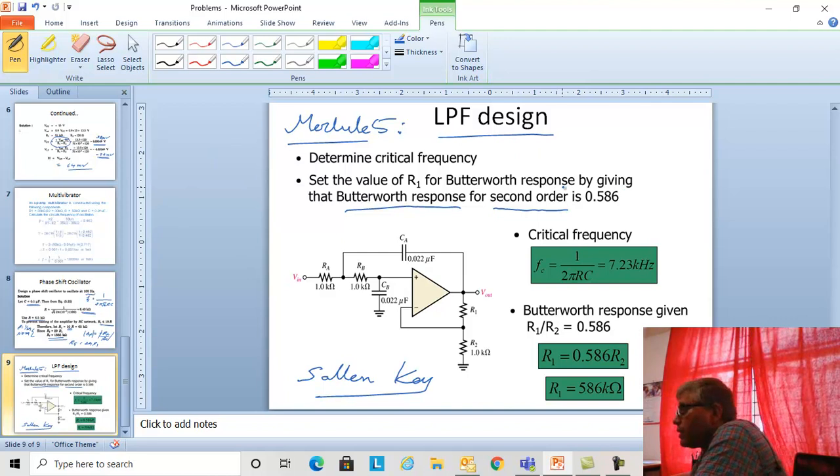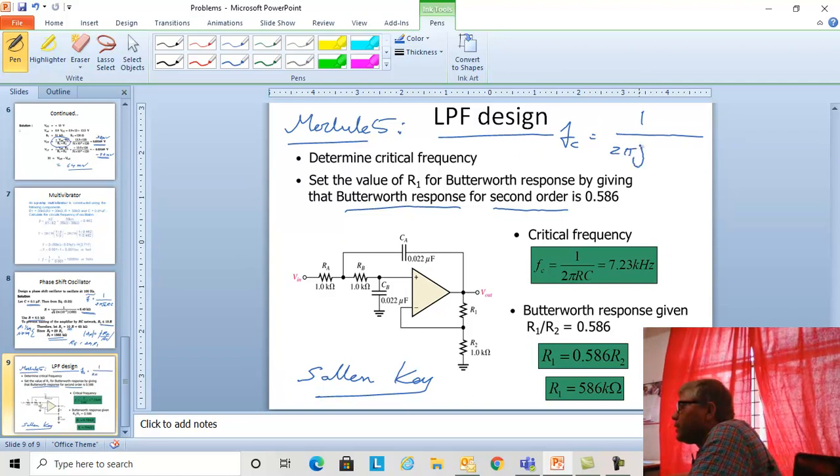That's the equation. I write it down here for you: FC is equal to 1 by 2 pi root of RA RB into CA CB.